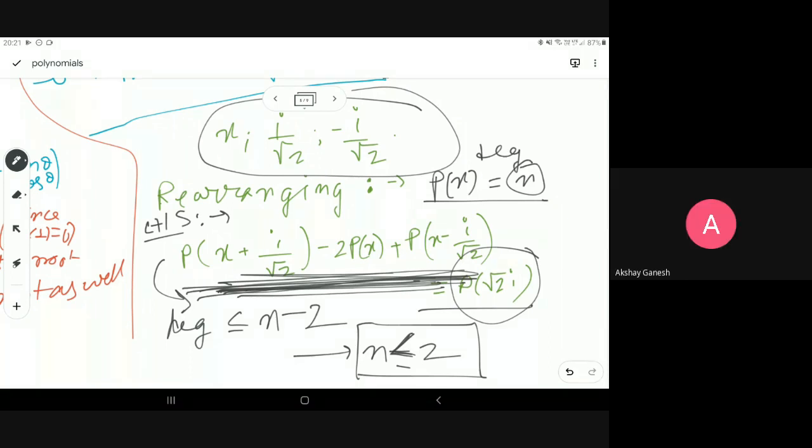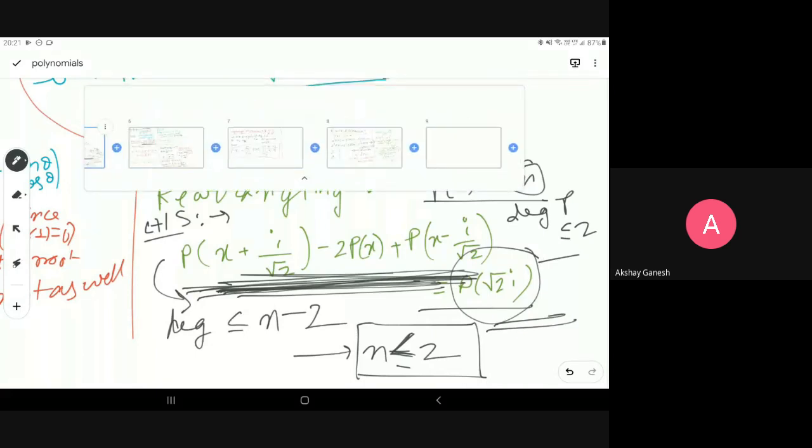Yes. This has a degree n minus 2, but it is also constant, so n is at most 2. Obviously, the finite difference of a constant polynomial is constant. It could have been possible that the first finite difference of p of x with step i by root 2 was constant by itself. So the degree of p is at most 2, and now you can bash.